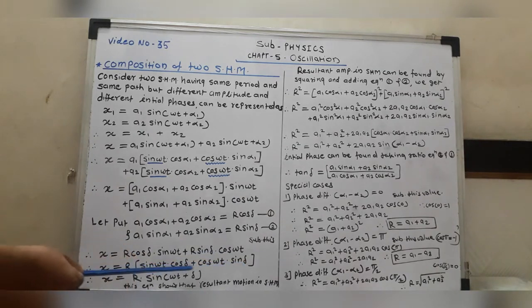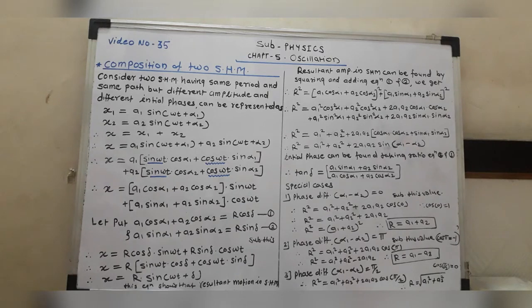Again, this is sin cos plus cos sin, and this is nothing but x is equal to r sin(omega t plus del). This equation is known as the resultant motion in SHM. This is the composition of SHM: how two displacements can be composed into a single one, showing that the resultant motion is SHM, x is equal to r sin(omega t plus del).